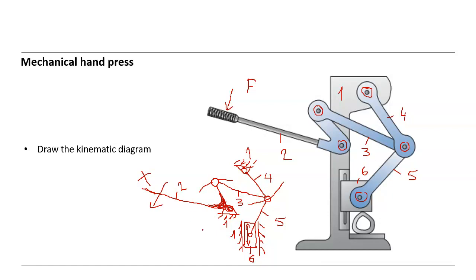Then we can define the joints. Let's say this is A, and this is B, point B, C, and D, and it could be D and E, and so on. Okay, this is a 6-bar mechanism, consisting of 6 members, 6 links.